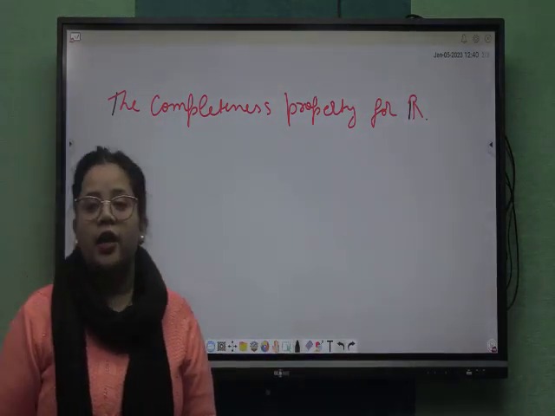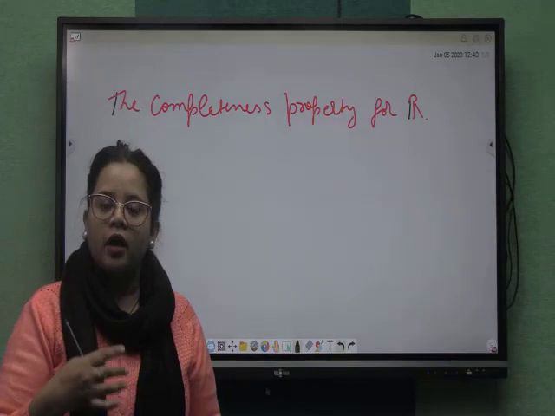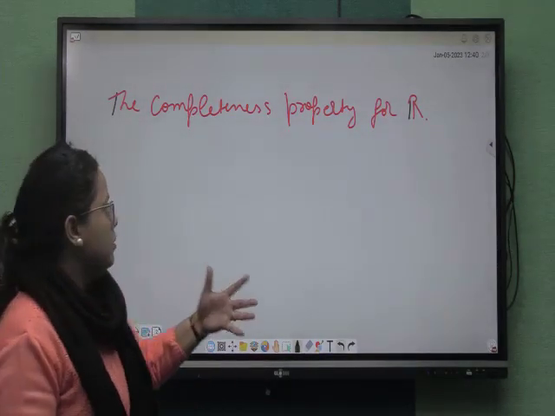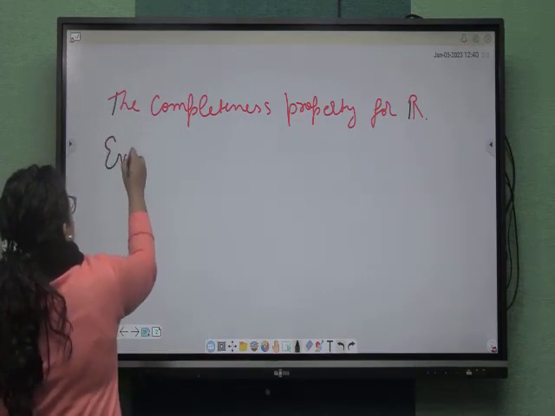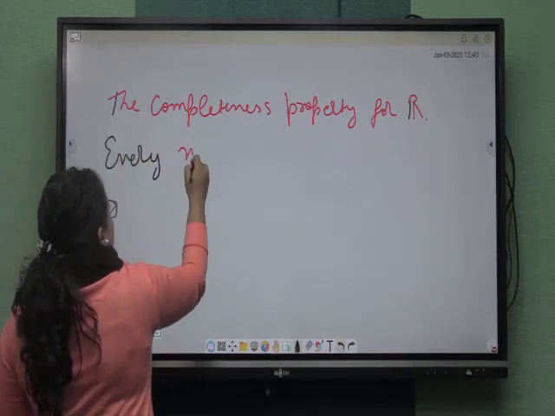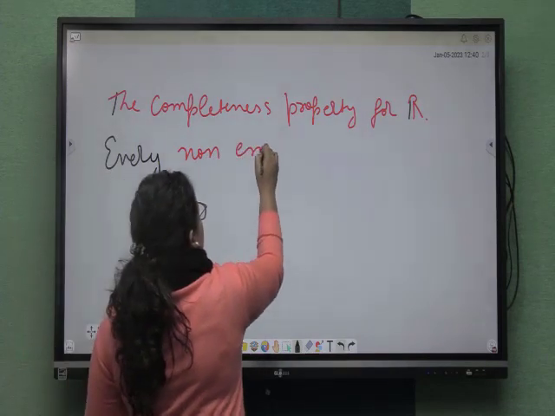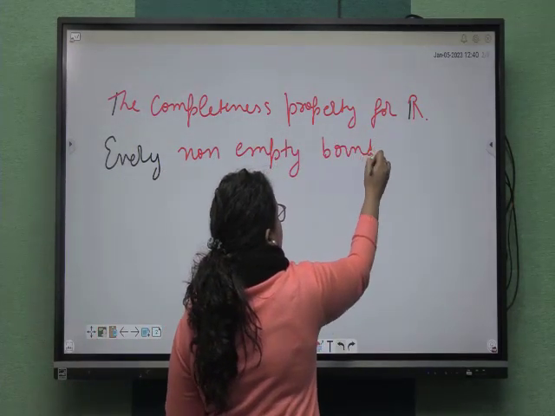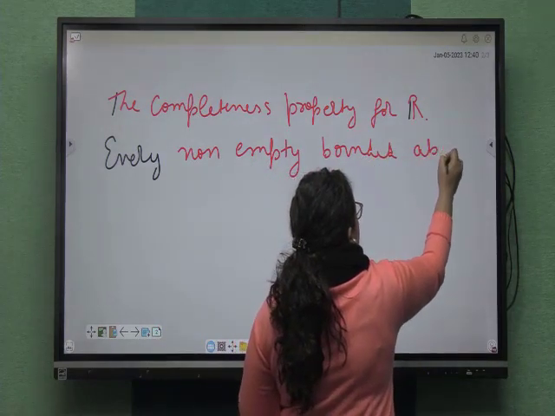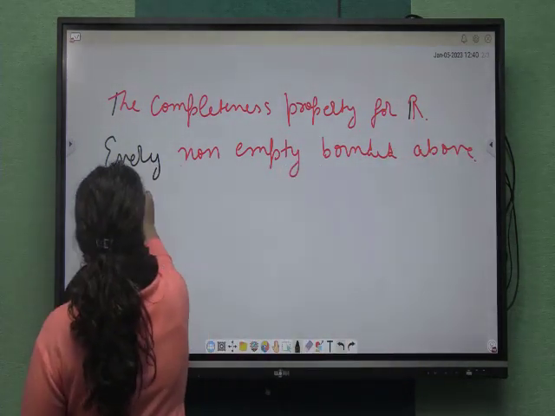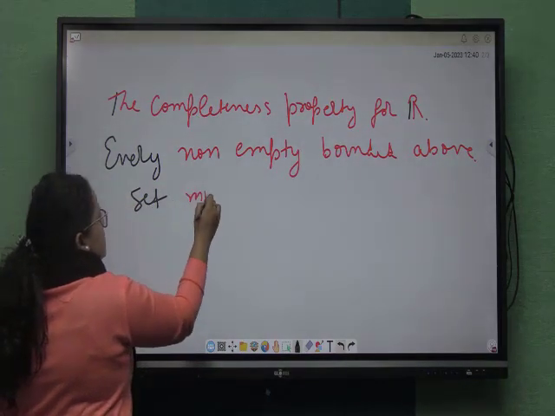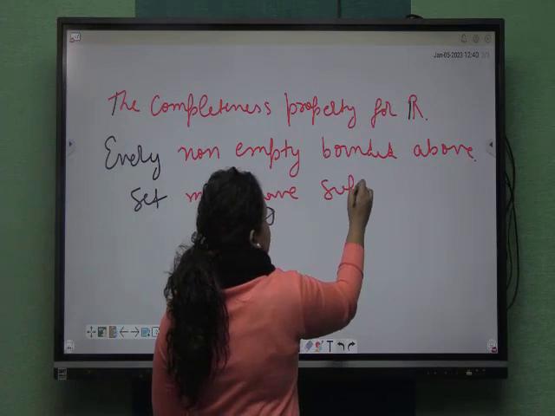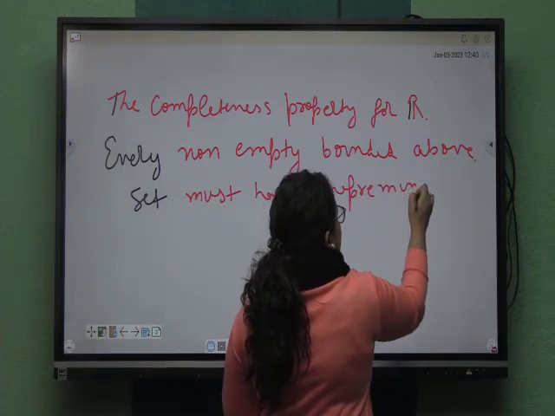It says that every non-empty bounded above set must have a supremum in R. Let me just write it: non-empty bounded above set must have a supremum in R.